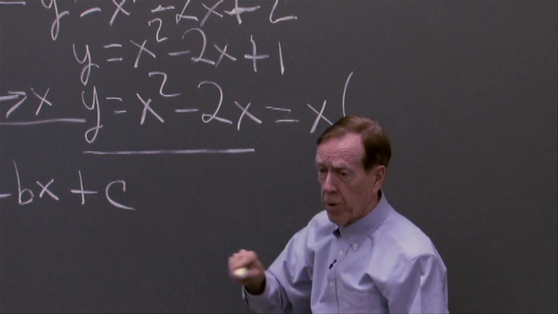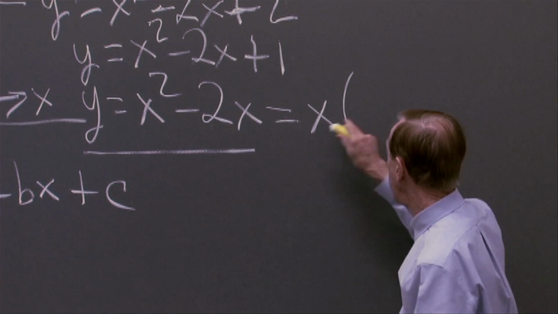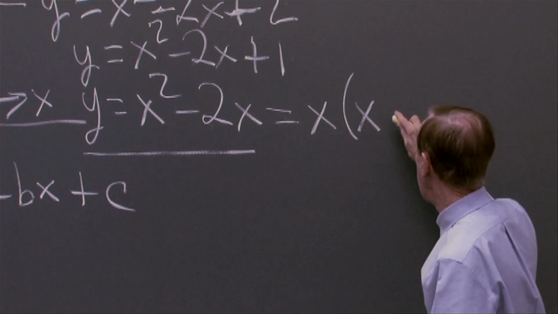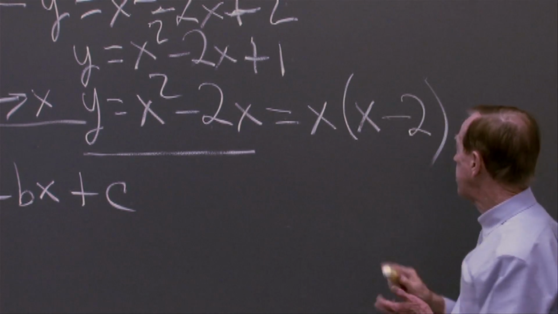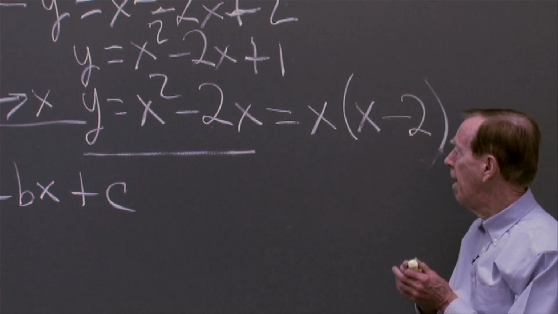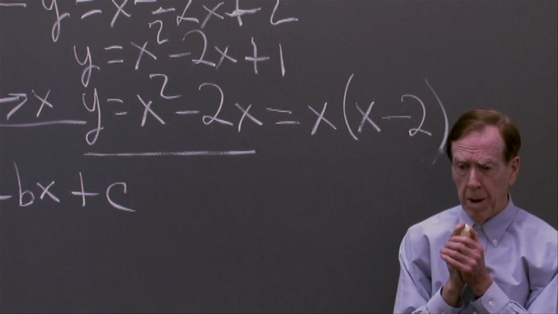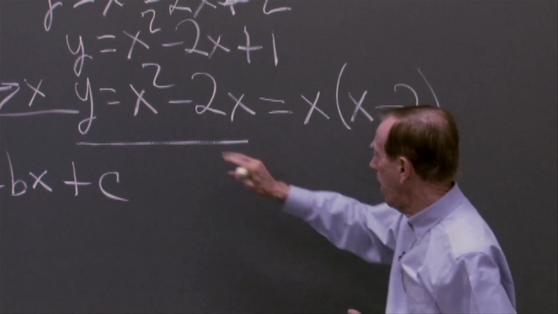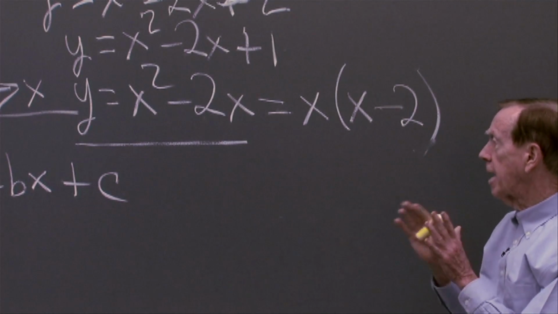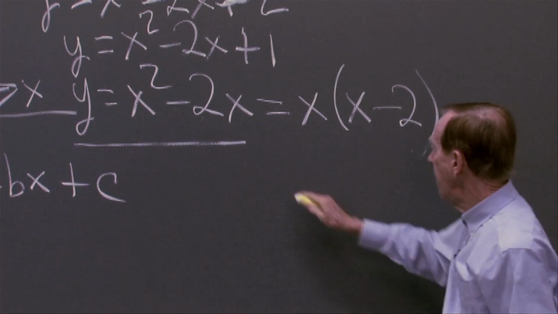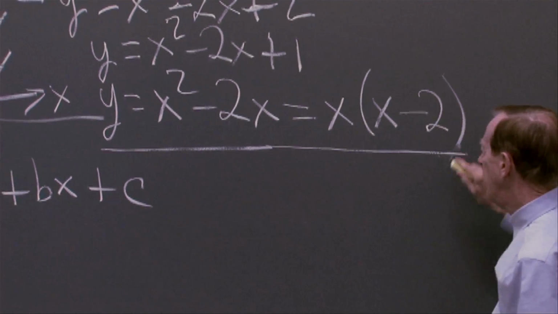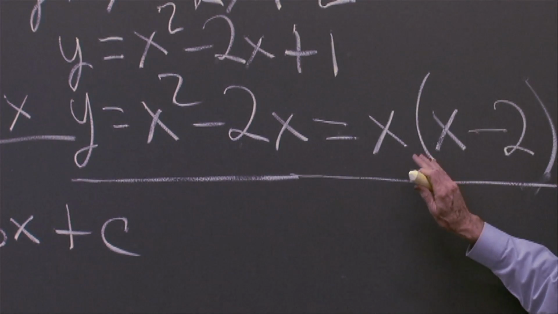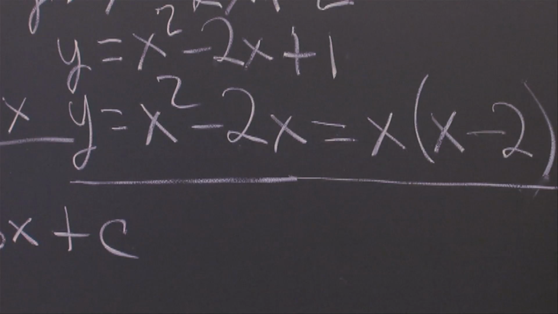That x squared, of course, means x times x, so I need an x times an x there. And here I have minus 2 times the x. That's what I would call factoring that polynomial, that quadratic, because it's got that square in it. Okay, and this tells me what I could probably figure out anyway, where the zeros are.